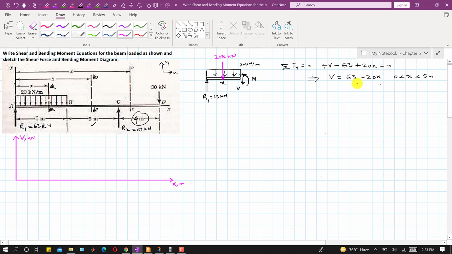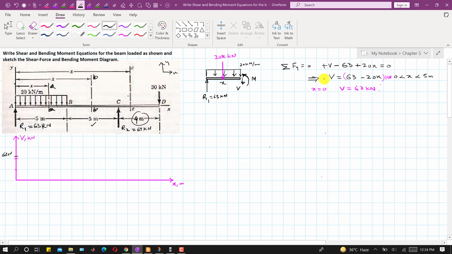So now from this equation we can say that when x is equal to 0, the shear force is 63 kilonewtons, right? Let's say this one box is 30 and this is 60, so 63 will be somewhere here, right? So somewhere here is that 63 kilonewton shear force, right?